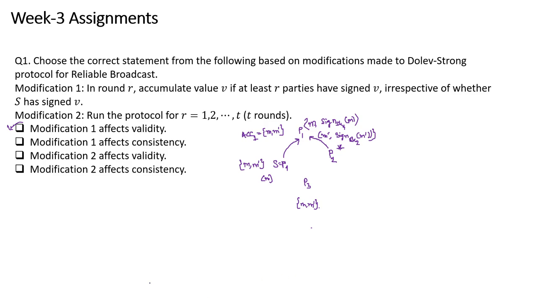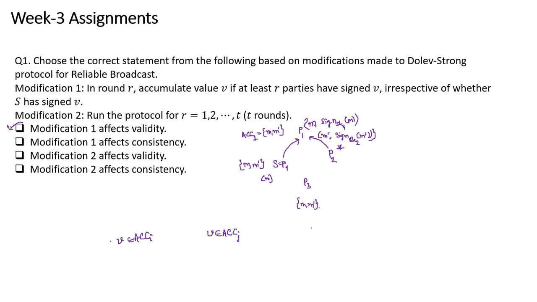If you remember, when we discussed the consistency property of the Dolev-Strong protocol, in the proof we had shown that at the end of the t plus 1th round, if some honest party Pi has a value V in its accumulator list, then V must be present in the accumulator of some other honest party Pj as well.